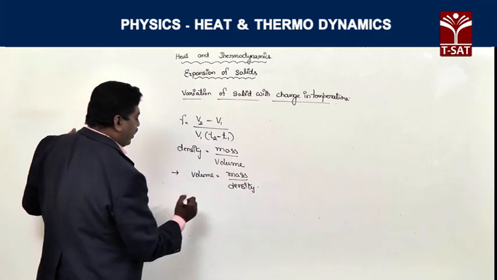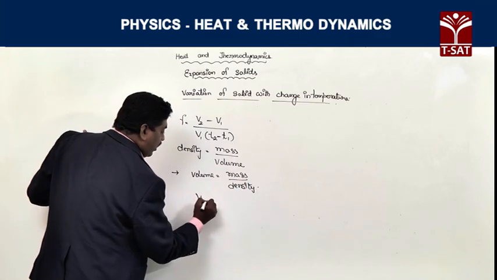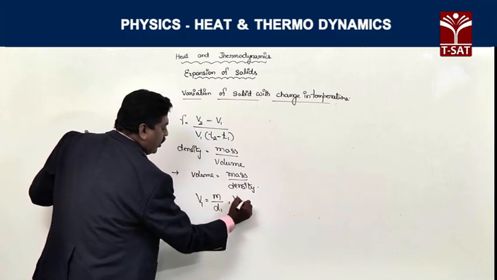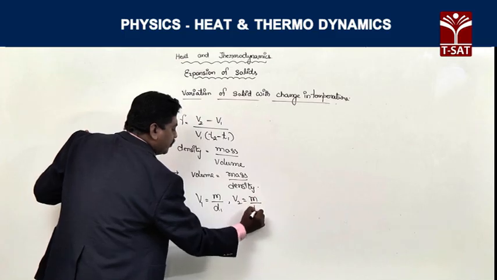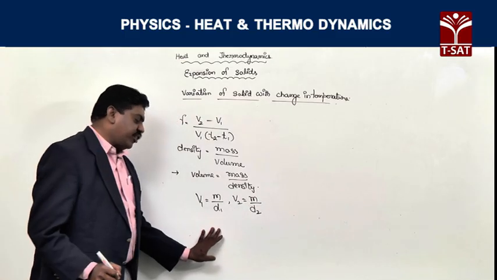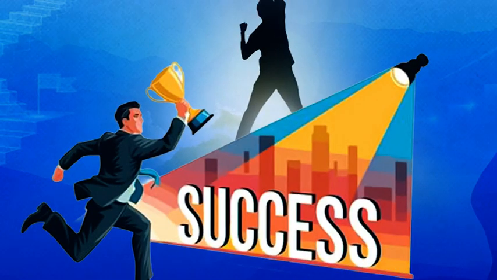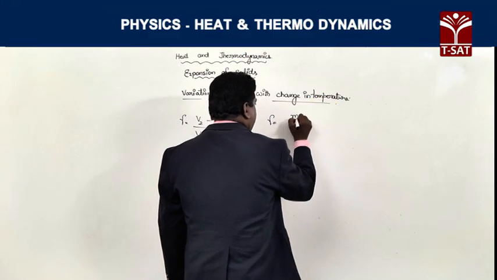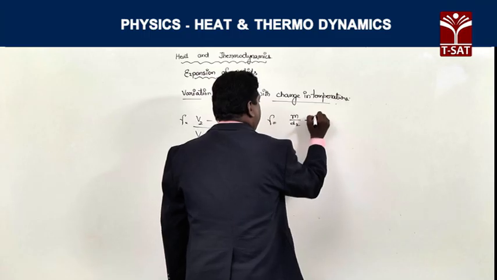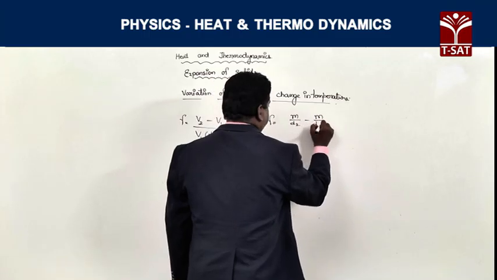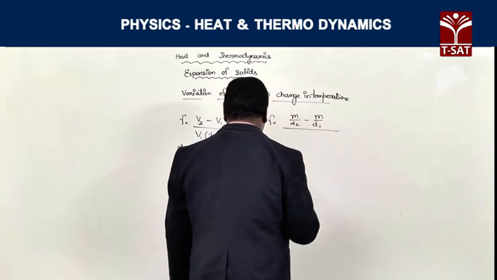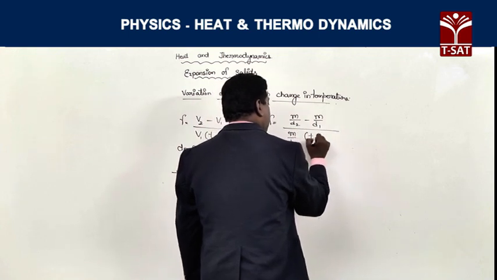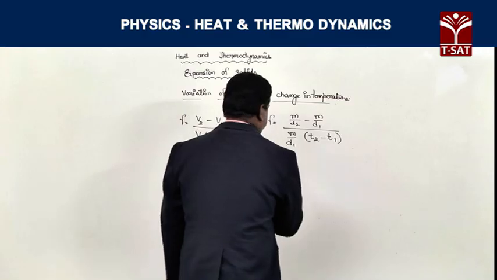Using this relation, we have V1 equals m by d1 and V2 equals m by d2. On substituting these values, we have gamma equals m by d2 minus m by d1, divided by m by d1 into T2 minus T1.